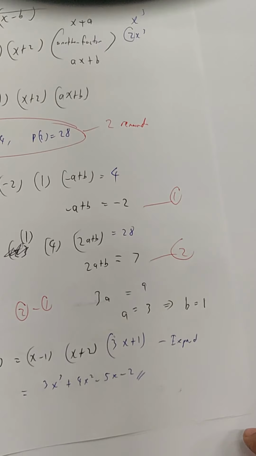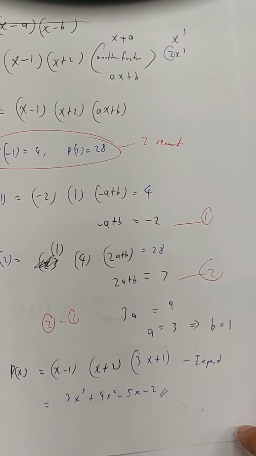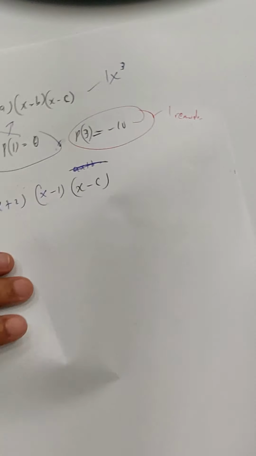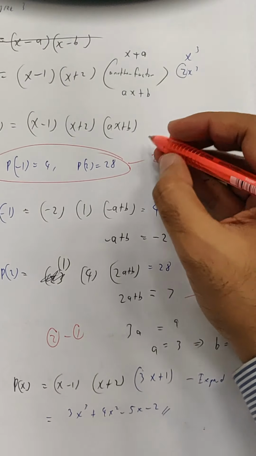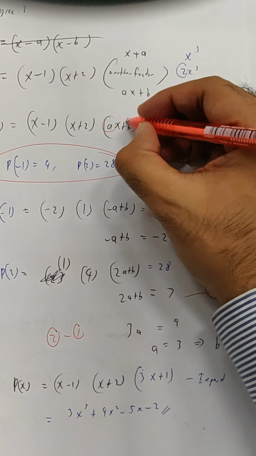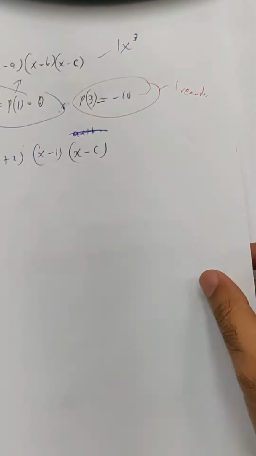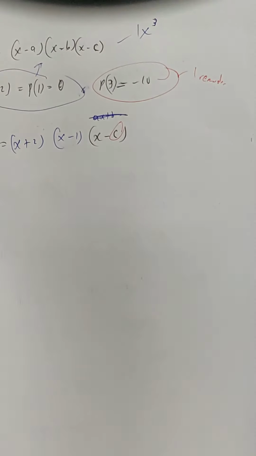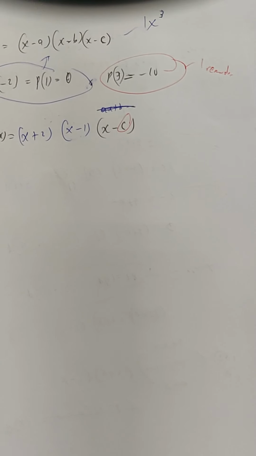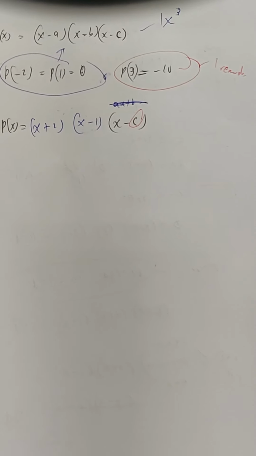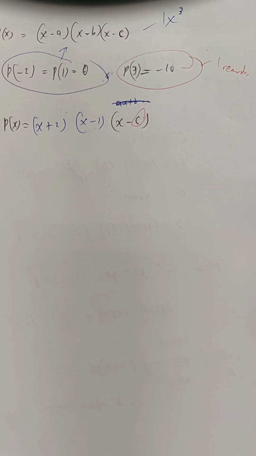This one we have two remainders, this one we only have one. Why? Because just now there were two unknowns. This time we only have one unknown. Basically just substitute inside, expand it, you get the answer. The working steps are the same and it's easier.